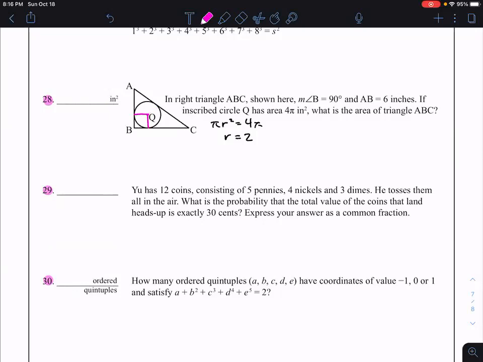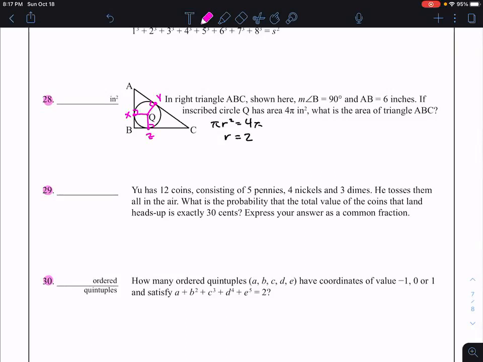Let me just draw this real quick. I'm going to connect the center to all the tangent points on the triangle. We're going to call these points x, y, and z, and all of these tangents form right angles.